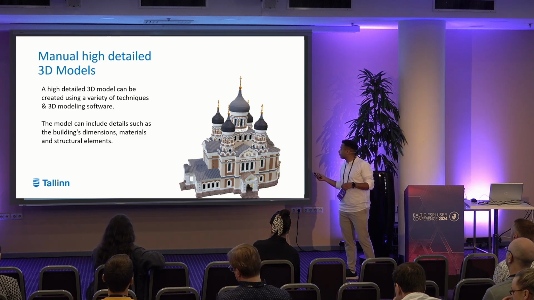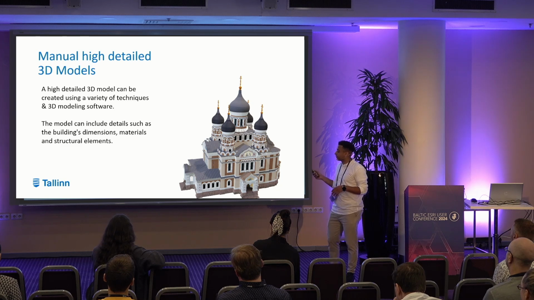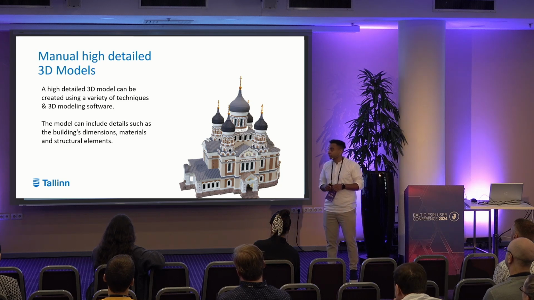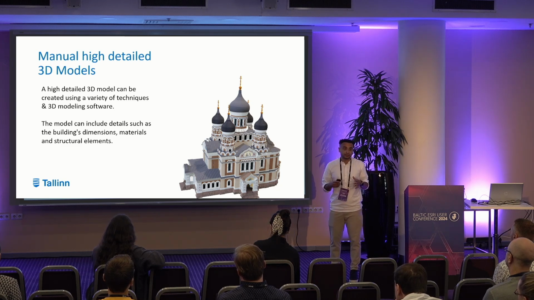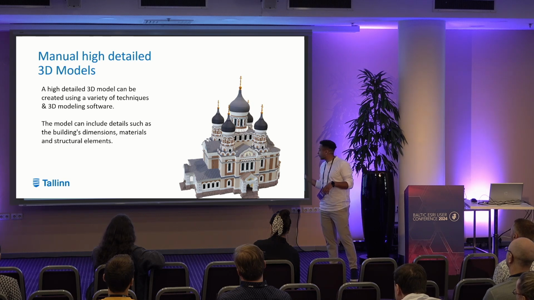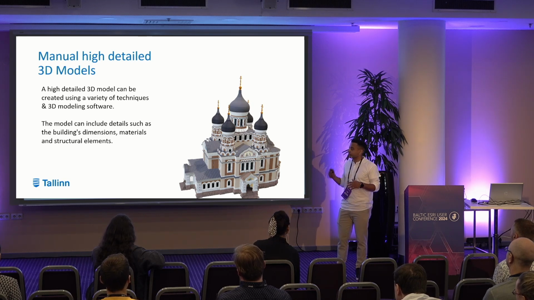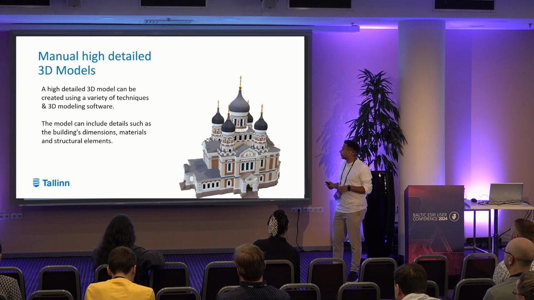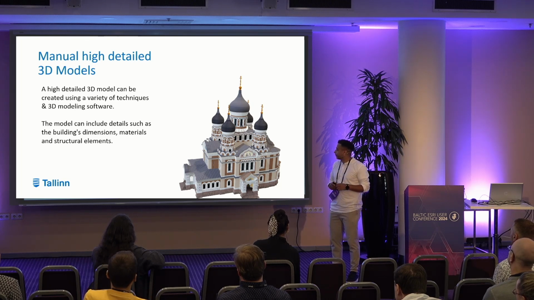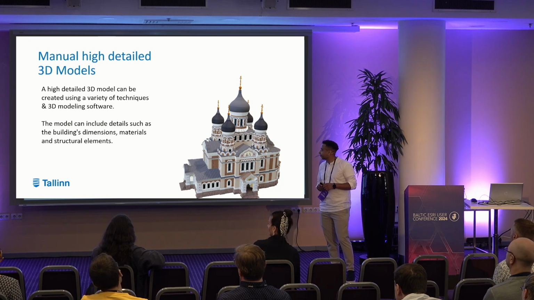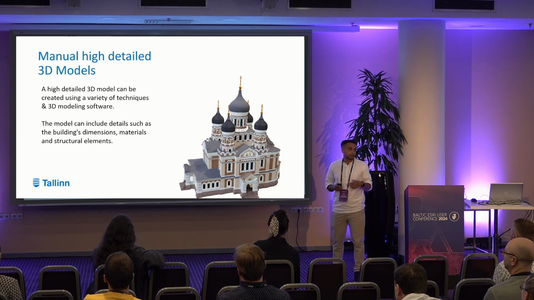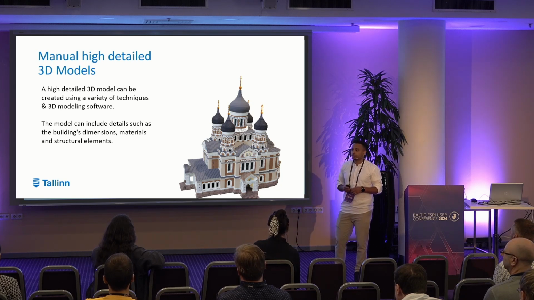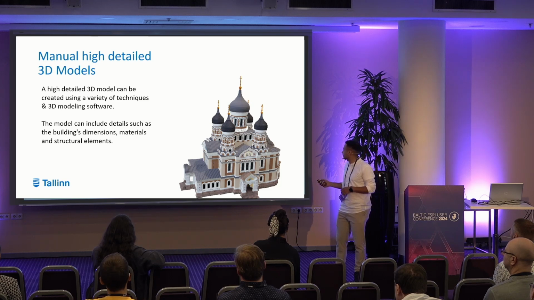So we start with the highest level of detail in the model, which is covering Tallinn city center, particularly the old town. Those models are all manually created, so you can see that they're as accurate as possible. They are looking much more beautiful than others, and as well, after modeling them, we kind of geolocate them and add our semantic data.